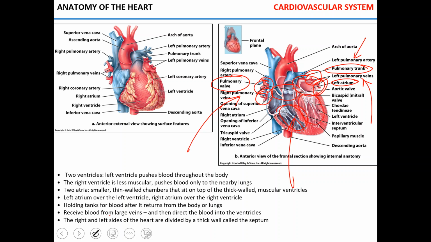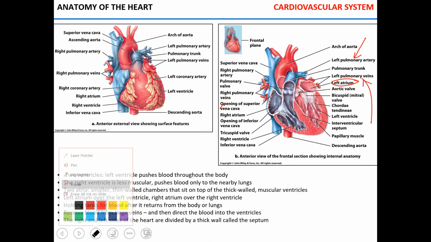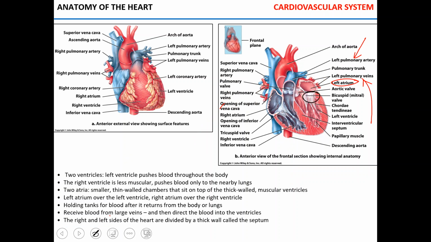Blood on its way crosses so-called mitral atrioventricular valve, you can see it here, and left ventricle pushes the blood into the systemic circuit to all the body tissues through so-called aortic valve into the aorta. So oxygenated blood can go into the so-called systemic circulation.